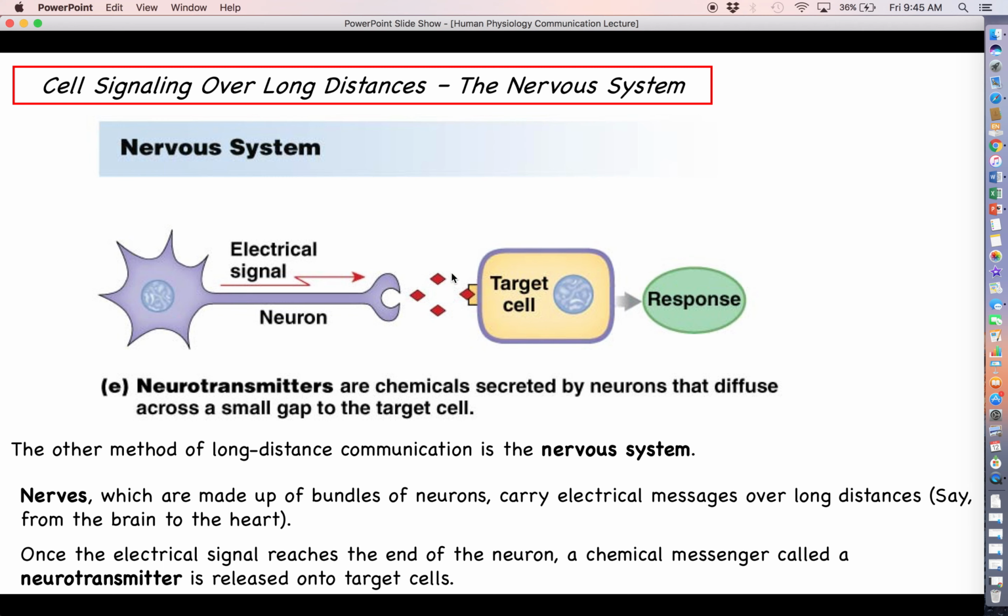And that neurotransmitter is going to, again, be very similar to a hormone, to an autocrine signal, to a paracrine signal, in that this is a messenger molecule that will bind to a receptor on a target cell and should elicit some type of response, all for the sake of maintaining homeostasis. So nervous system signaling is something that we will talk much more heavily about once we get into chapters 12, 13, 14, and 15.